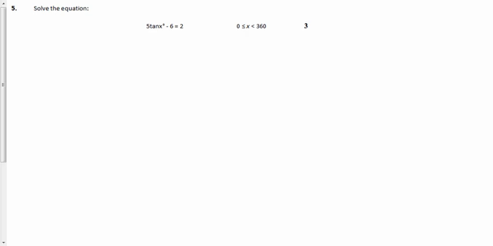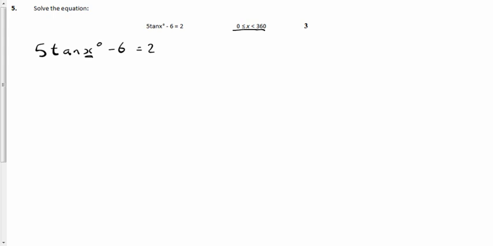Third question, trig equation. Solve the equation 5 tan x minus 6 equals 2. And we're interested in solutions between 0 and 360. So, just like any sort of equation, you would try to get the x on its own.